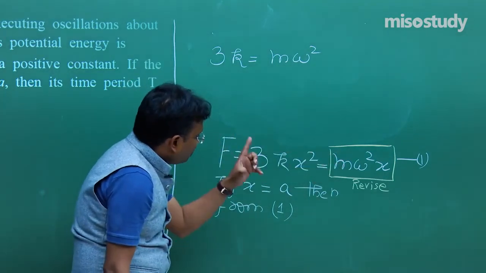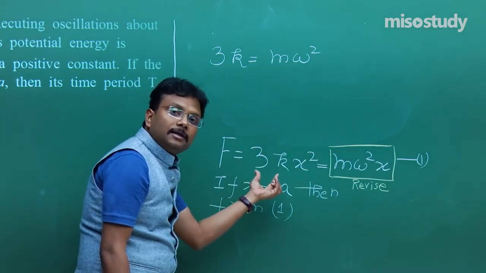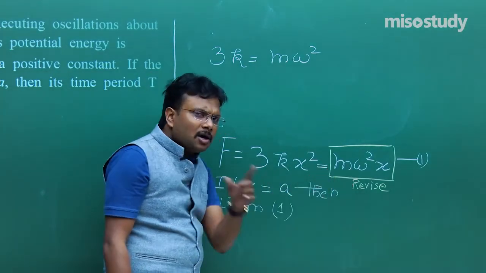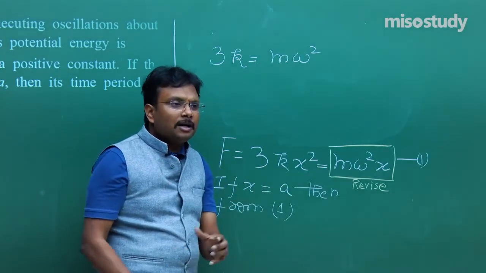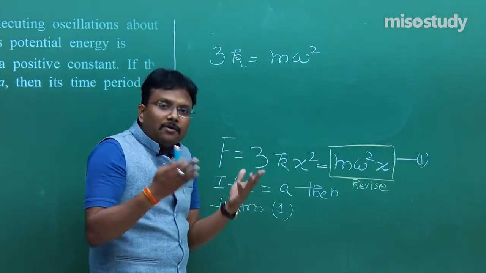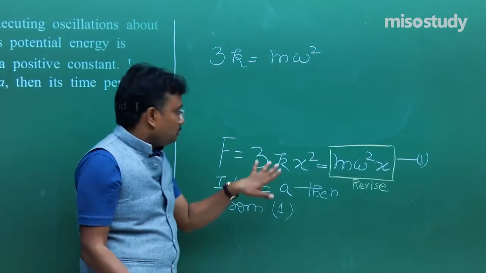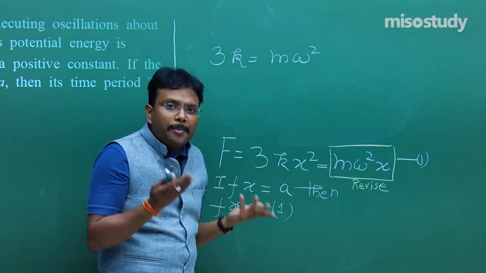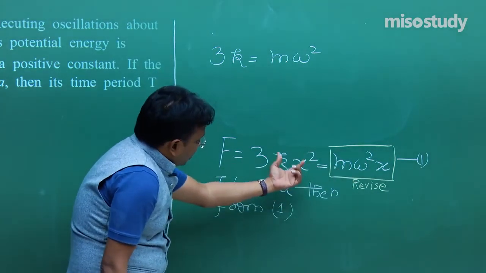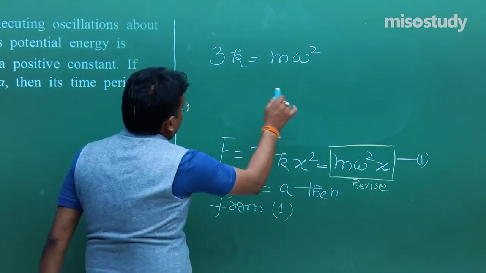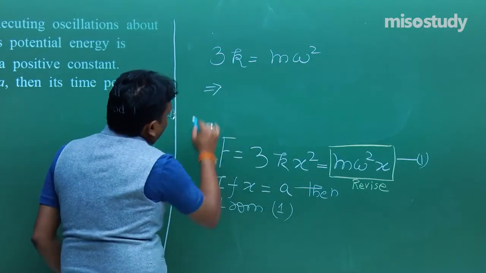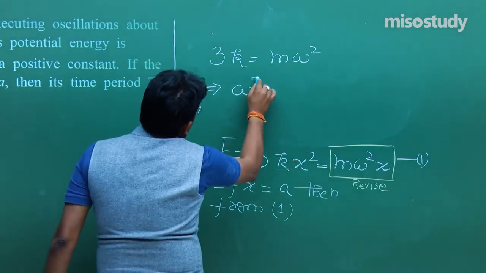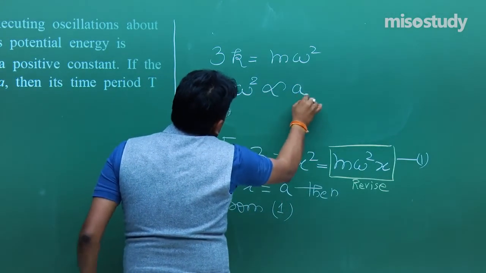Now students, it means what? 3 is constant, k is constant, m is constant. So this omega is basically doing something for whom? 3 constant, k constant, m constant. Who is in the picture? So in the picture it is no one but a. This implies that you can say omega square is directly proportional to a.